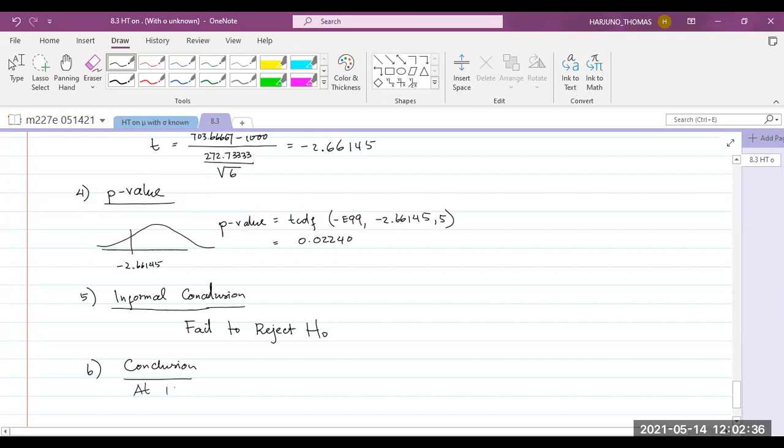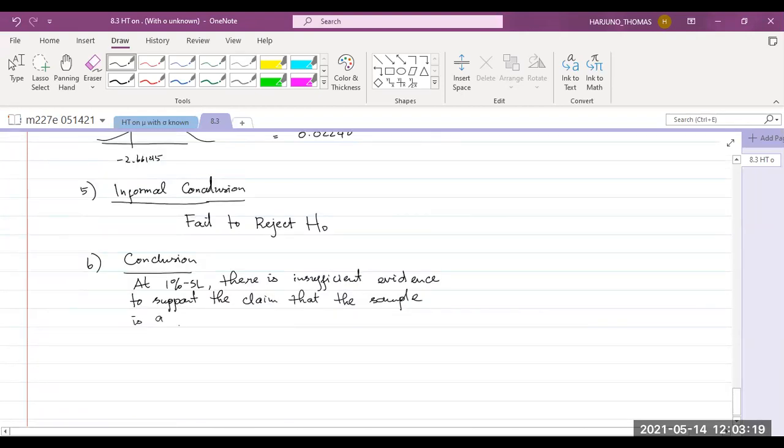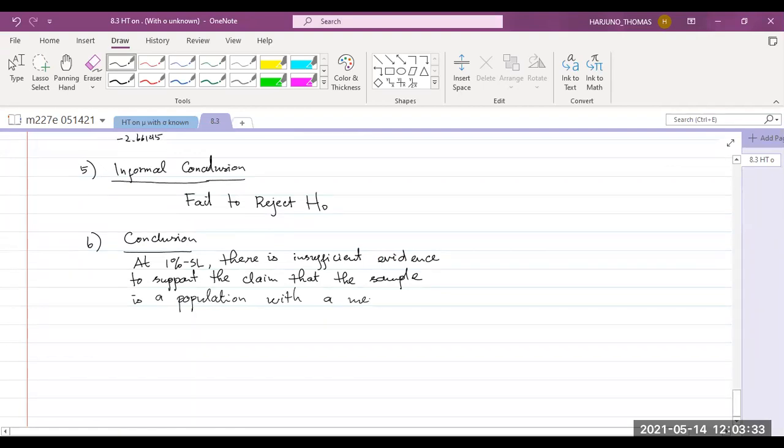Okay, so at 1% significance level, there is insufficient evidence to support the claim that the sample is from a population with a mean less than 1,000.